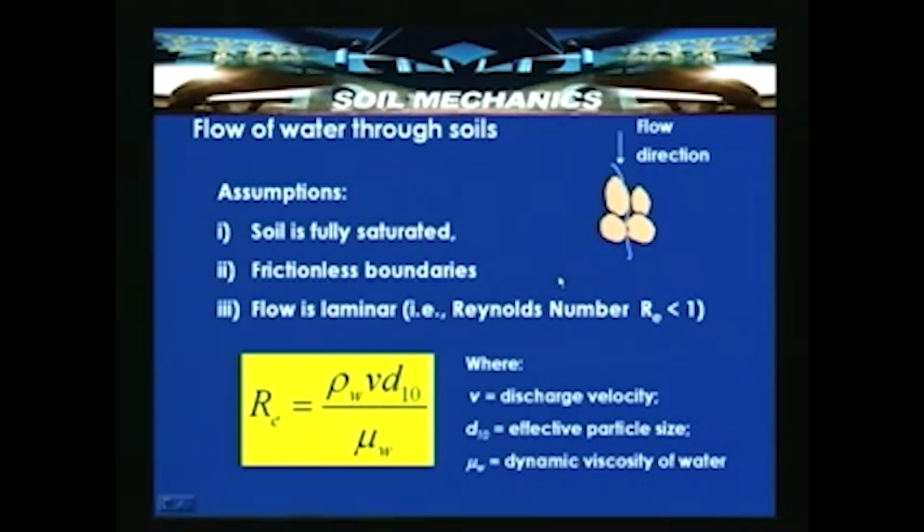We also discussed that the flow cannot take place only by passing through the contact points. So, it can actually take a winding path, and we described that path as a tortuous path. We idealized that at a macroscopic level as a path called a flow line. Now, when you look into this flow of water through soils, we introduced concepts like permeability, a parameter which indicates the ease with which water flows through soil.